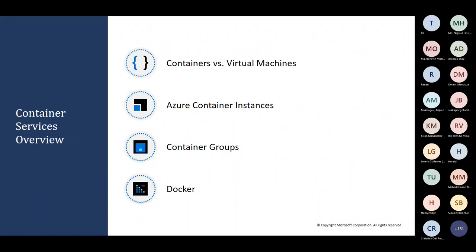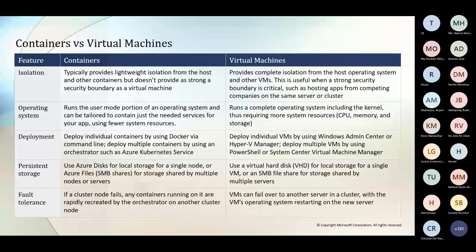We will read here how we will make an Azure container and Docker. Docker is one of the containers. So features, isolation. There are some features about the difference between containers and virtual machines. Containers typically provide lightweight isolation from the host and other containers, but don't provide as strong a security boundary as a virtual machine.